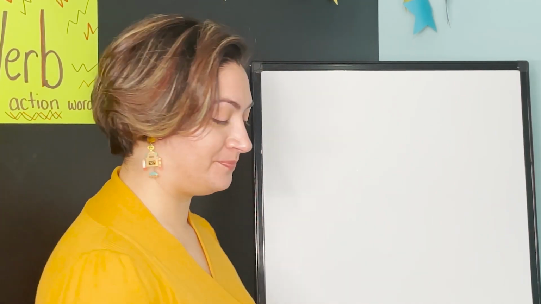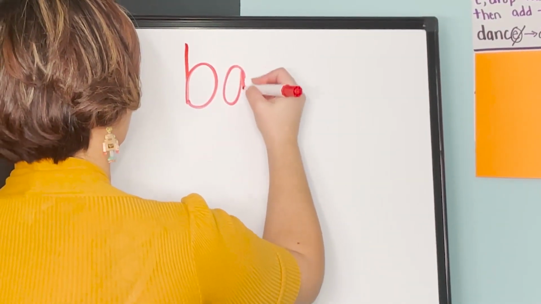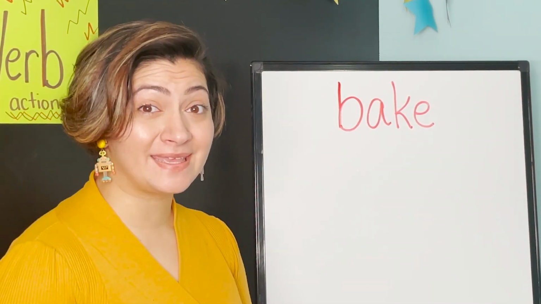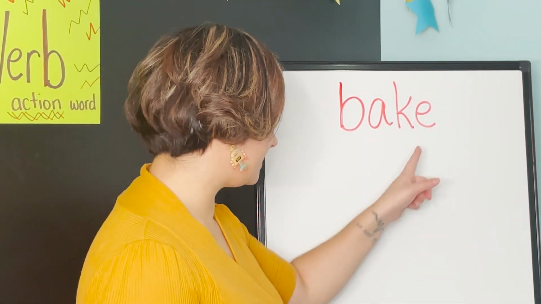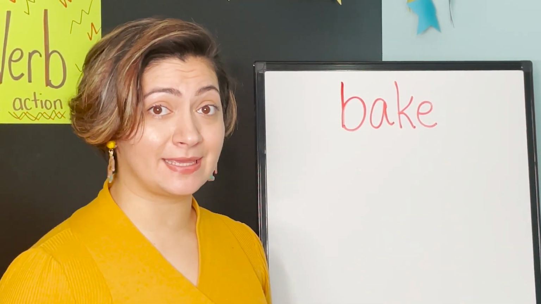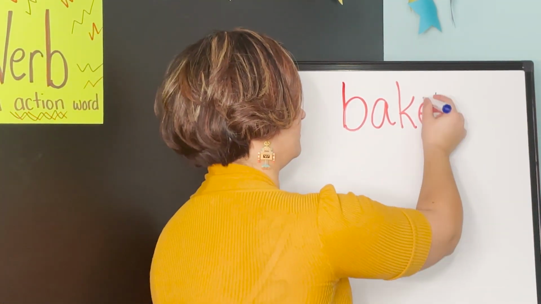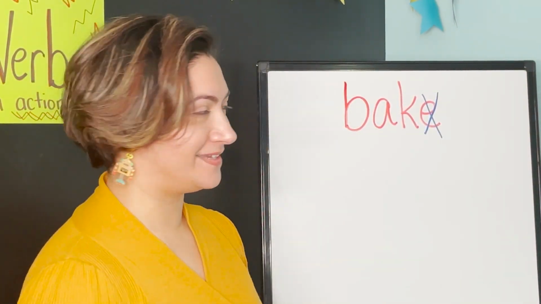All right, scholars, let's try another example. The word is bake. Bake ends with a silent E. There's an E at the end. If I want to change this word to baking, I'm going to have to take away the E. And then I can add ing.